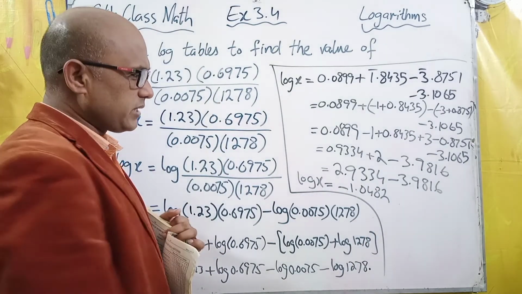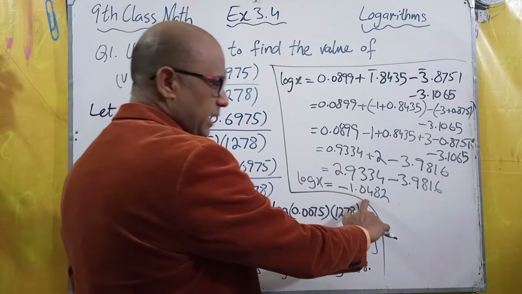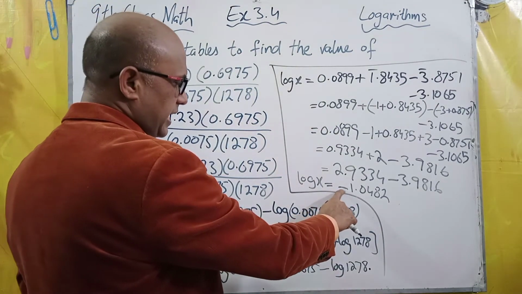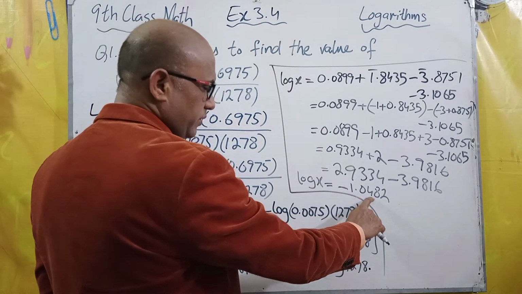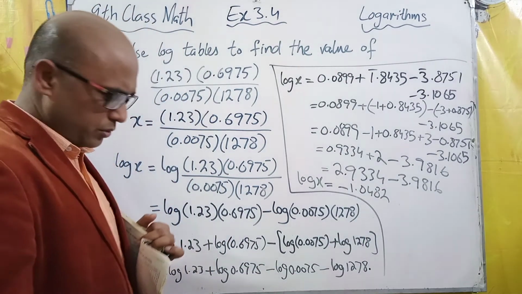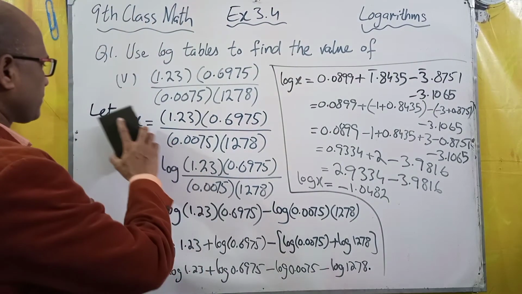We have to change this minus sign, which is with both the characteristic and mantissa. So we have to change this to a positive or plus sign with mantissa. We need that. So to do that, we have to erase from this side.